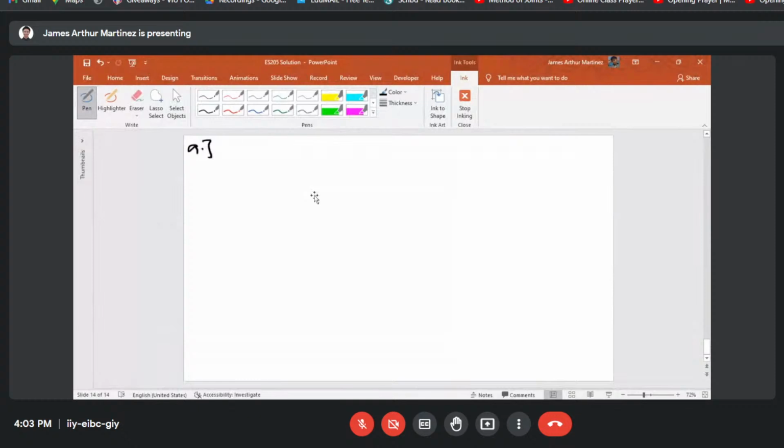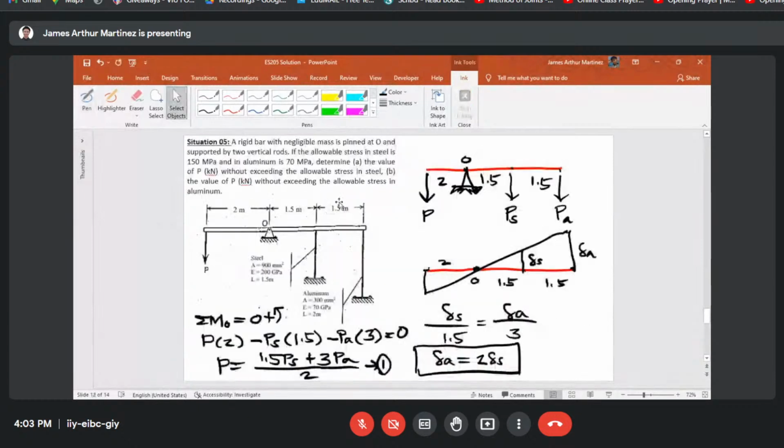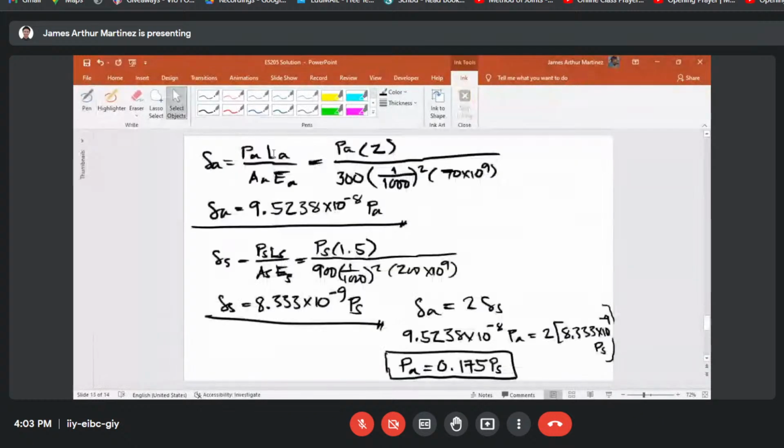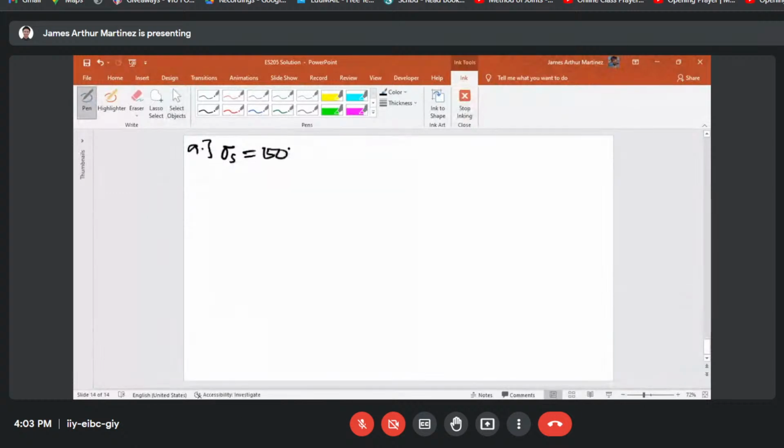Diba, the condition for part A is the value of P in terms of kilonewton without exceeding the allowable stress in steel. Sige, so the allowable stress in steel is 150 megapascal. We are to compute for the value of P. So what is the maximum allowable internal reaction of steel?